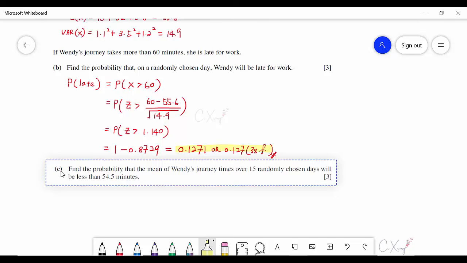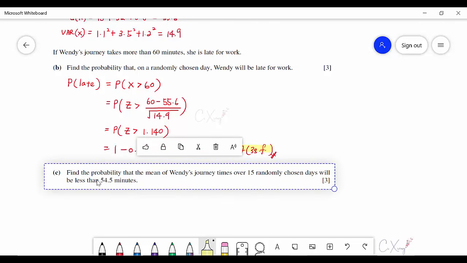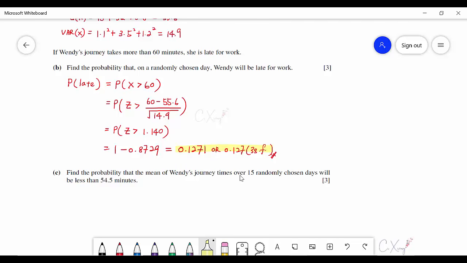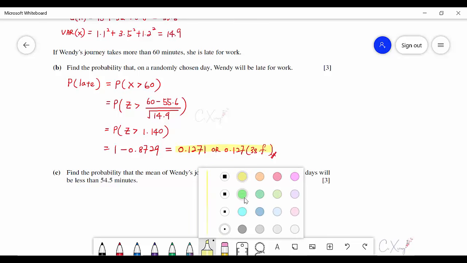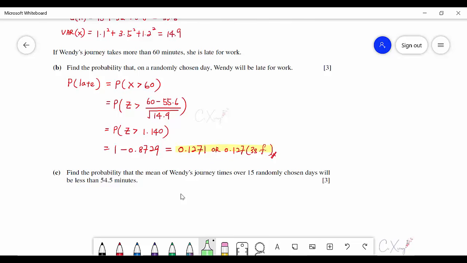Okay, so for part C, find the probability that the mean of Wendy's journey time over 15 randomly chosen days will be less than 54.5. For this whole question, there's a very important keyword, which is the mean of the journey time.